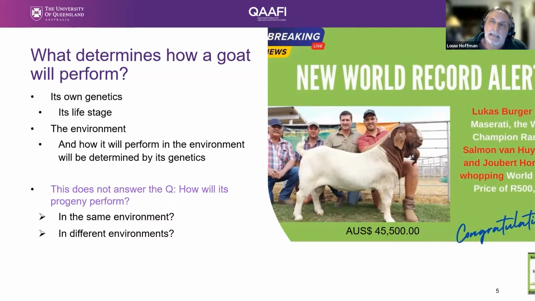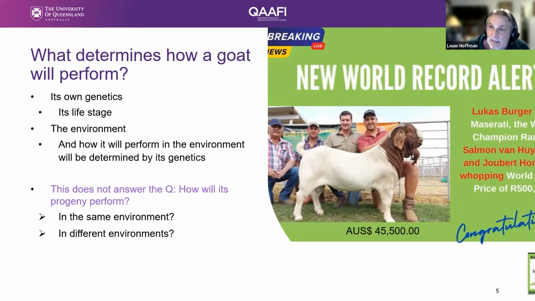If you buy a young 10-month-old buck and you start comparing him to a 16 or 18-month-old buck, the 18-month-old buck is going to look more muscular because of the growth and development that takes place. An 8 to 10-month-old buck is still in his growth phase.